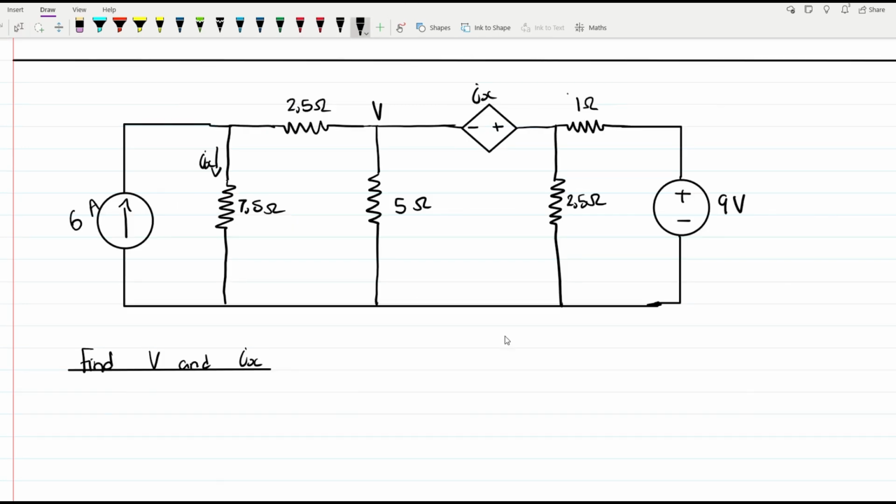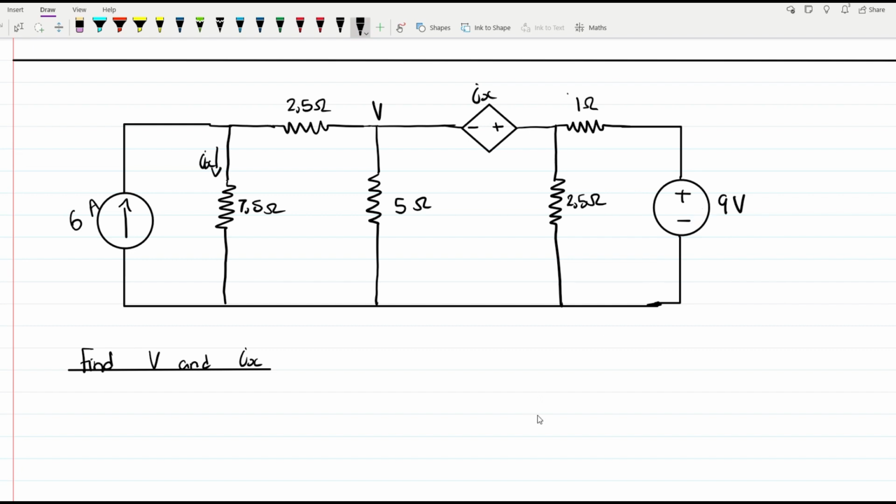So here's another example. This one is a little bit complex, but we still apply the same method as we did previously. What we have here is an independent current source, a dependent voltage source, and an independent voltage source right there.